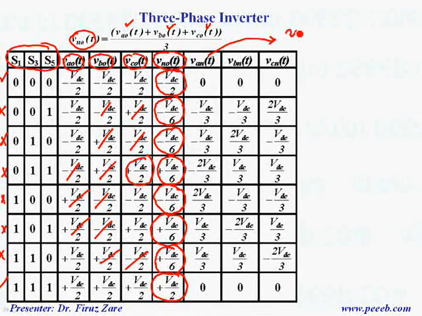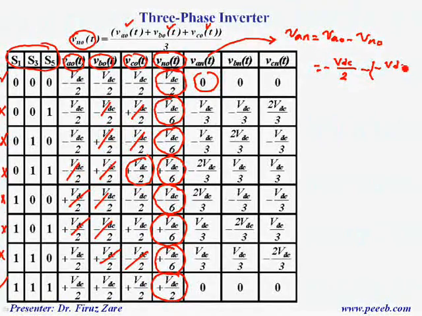Phase voltage, for example for phase A, is leg voltage minus common mode voltage. Let's start with, for example, this switching state. In this case, the leg voltage is minus VDC divided by 2, minus common mode voltage, which is minus VDC divided by 2. So that's why the phase voltage is 0. Let's look at, for example, this one.